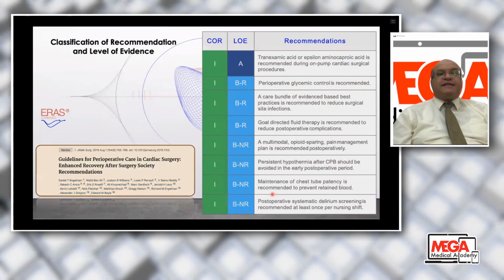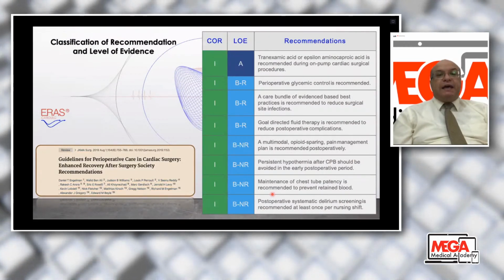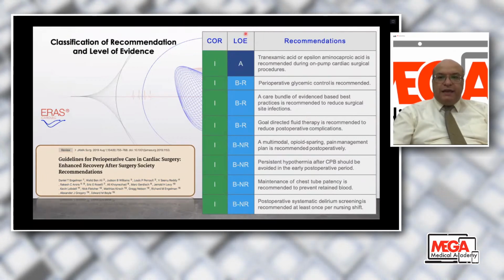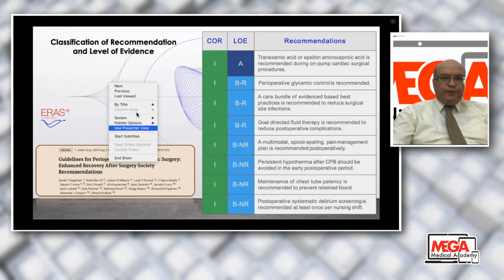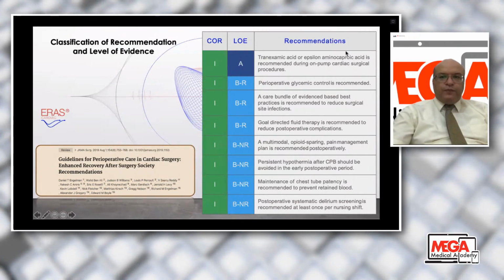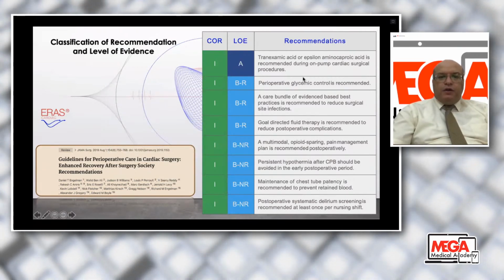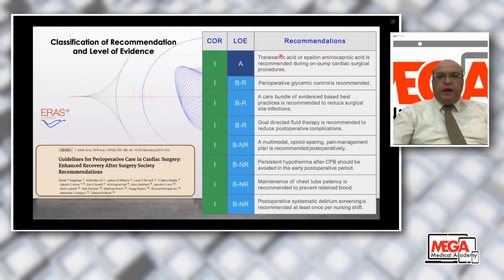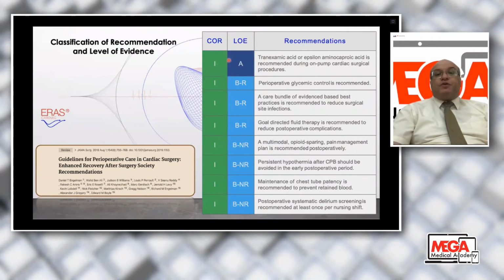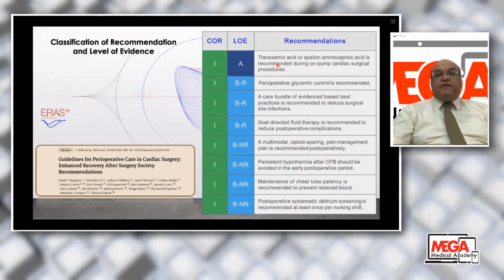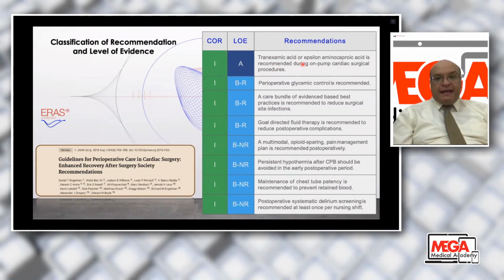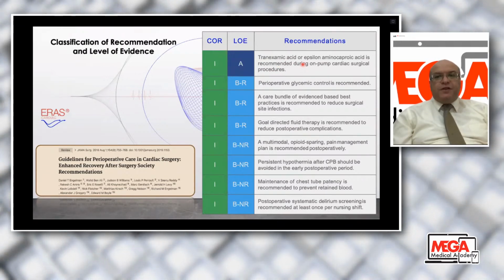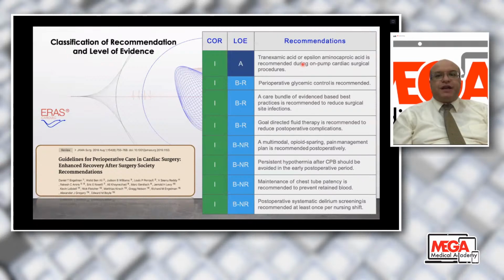We have to look at the levels of evidence and the levels of recommendation for these recommendations. You can see here the highest recommendation, which is class 1 and level of evidence A: tranexamic acid or epsilon aminocaproic acid is recommended during on-pump cardiac surgical procedures.